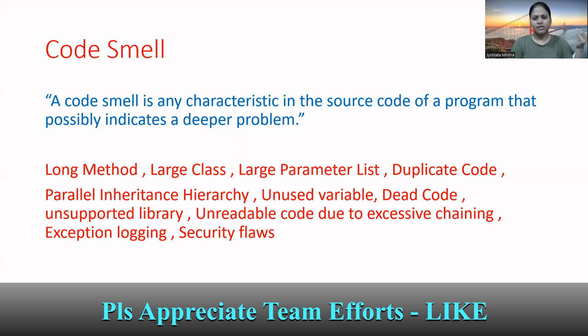Then unsupported library, which I told you about: because of upgrades or updates in third party applications or software, some methods are no longer supported and your application starts erroring out. There is unreadable code due to excessive chaining. Again, say one method is calling a second method, and that second method is calling a third method.